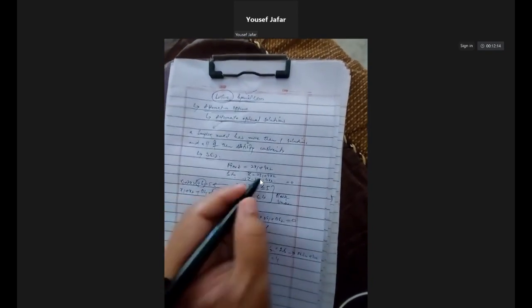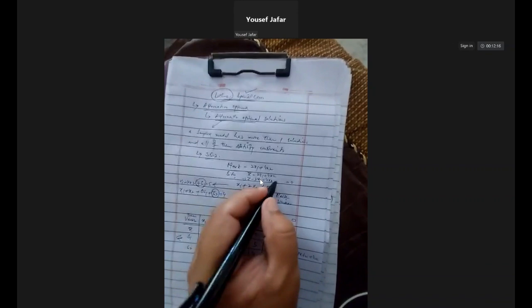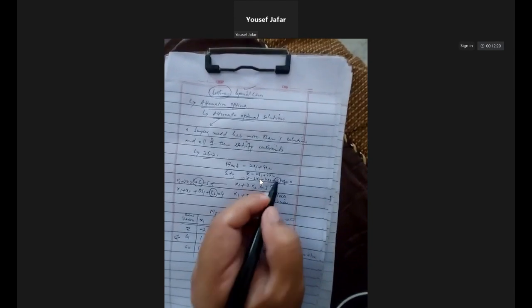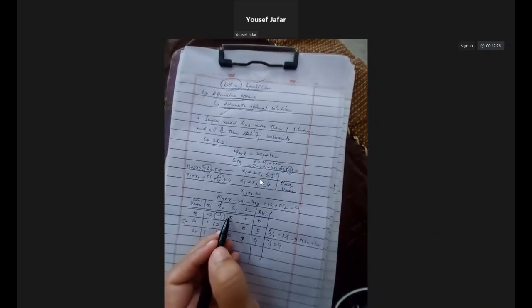Here we see that it doesn't have either s1 or s2, both of them are 0. So we put the coefficients of s1 and s2 over here as zeros. Now you got it. This is the basic simplex.